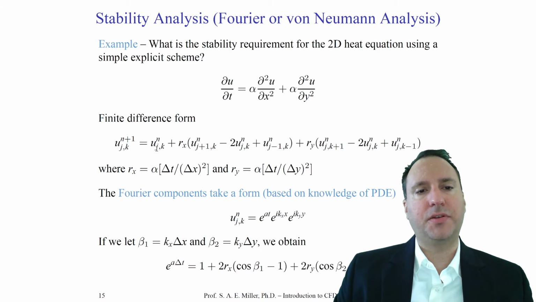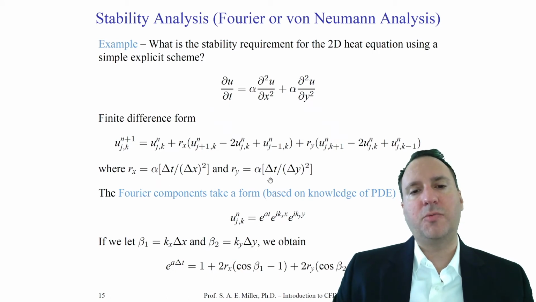Of course, it's equal to the original solution plus r sub x and r sub y terms. So now that we're in 2 dimensions, we actually have 2 coefficients r. The first, r sub x, and this is not partial r partial x, it just means sub x, is the coefficient with respect to the second partial of u with respect to x, and will be alpha delta t over delta x squared. Similarly, r sub y will be alpha delta t over delta y squared.